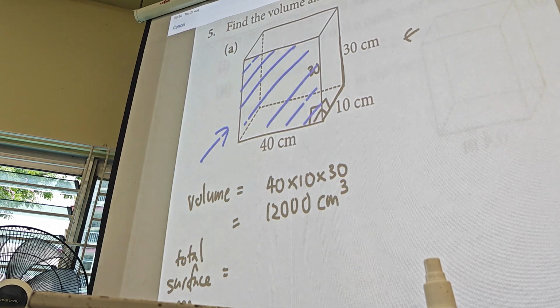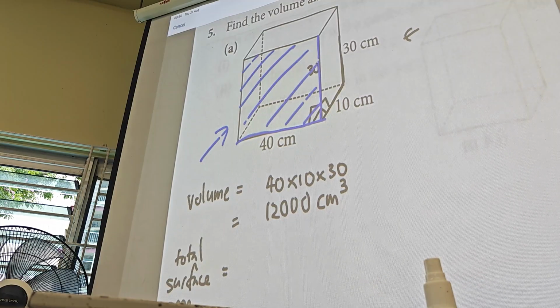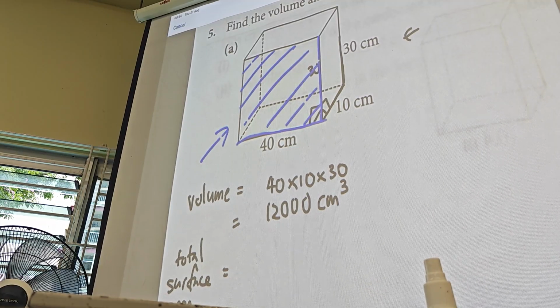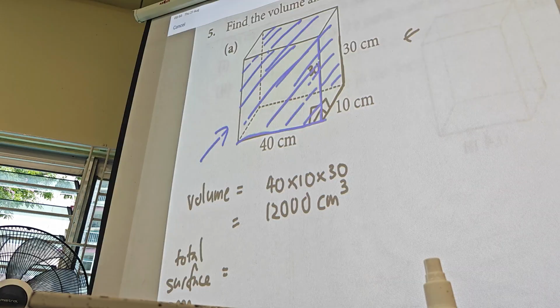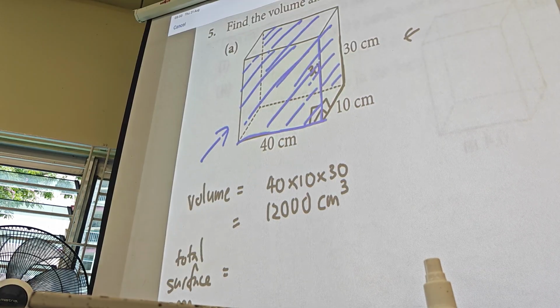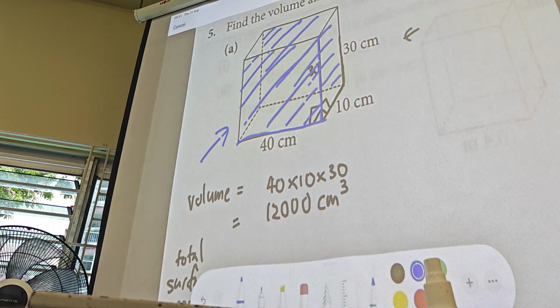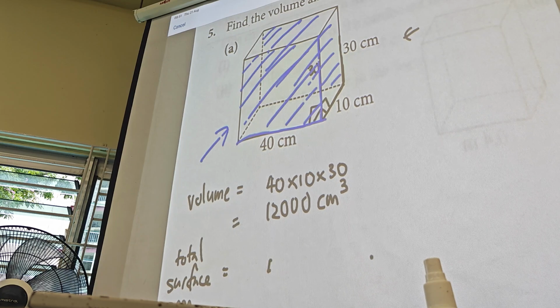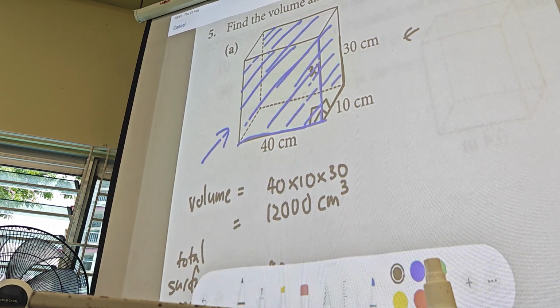This rectangle 40 cm by 30 cm. Then because it's rectangle, the front and the back will be the same one. Just like your parallelogram like that. The front surface, the back surface must be the same size. Okay? So the blue color one, I will have 4. I write in color also better.